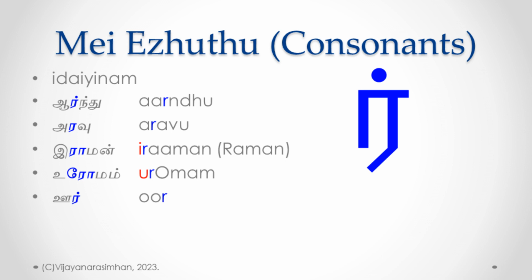Again, the reason I put this Raman, Romam, in Tamil, these Ra, La letters are not permitted in the beginning of a word. So they are not consonants which can appear in the initial position. But in Sanskrit, these 2 letters, Ra and La, can appear in the initial positions.